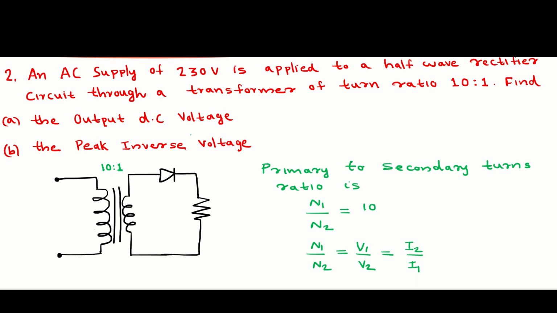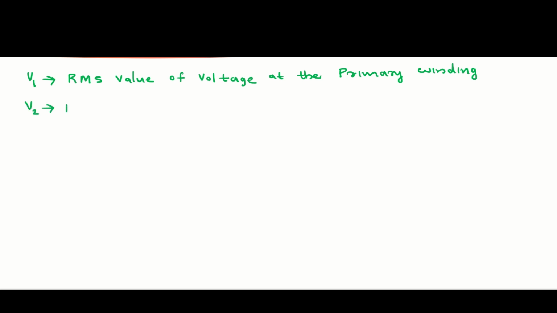Okay, so n1 is the number of turns in the primary winding, n2 is the number of turns in the secondary winding, and v1 is the RMS value of voltage at the primary winding, and V2 is the RMS value of voltage at the secondary winding.